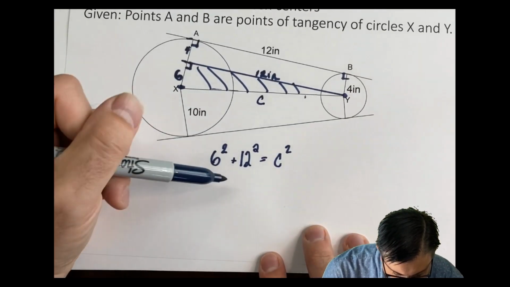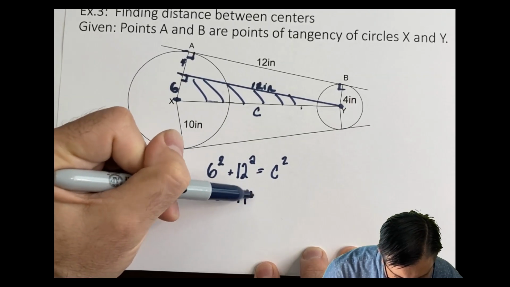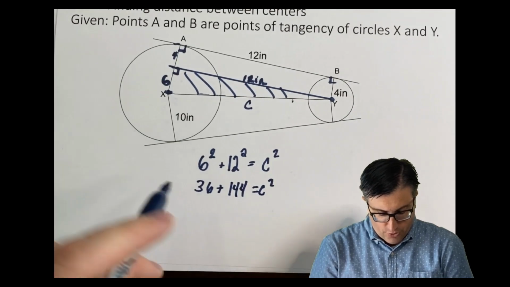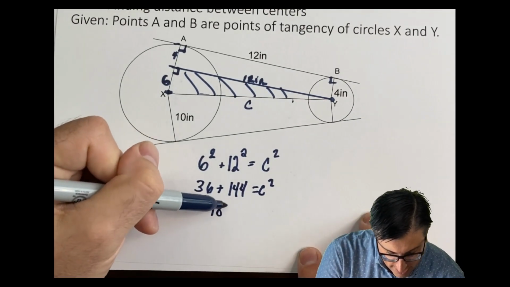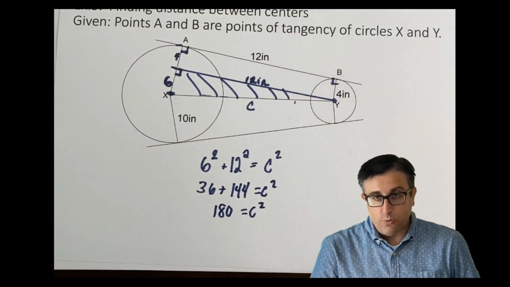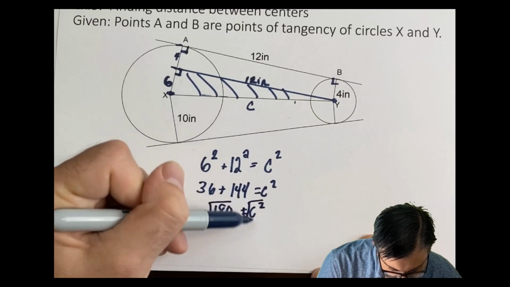So 6 squared is 36, 12 squared is 144, and that equals C squared. 36 plus 144 is 180, equals C squared. While we're here, let's work on simplifying square roots, because we need to square root both sides.